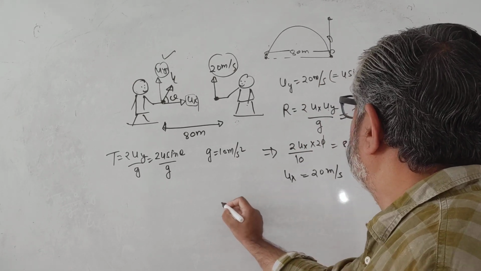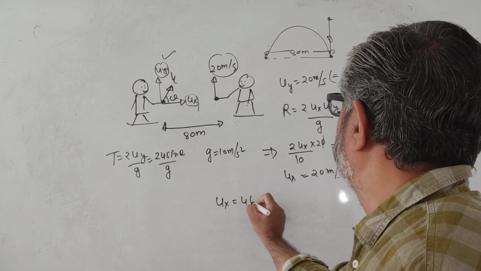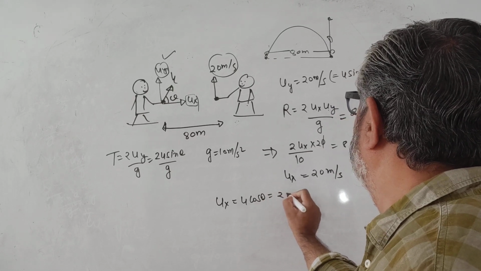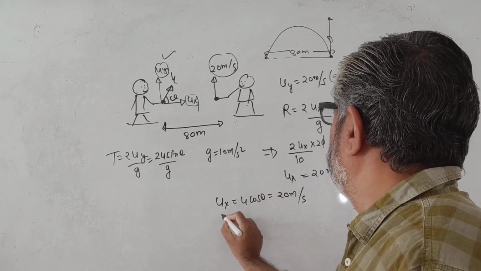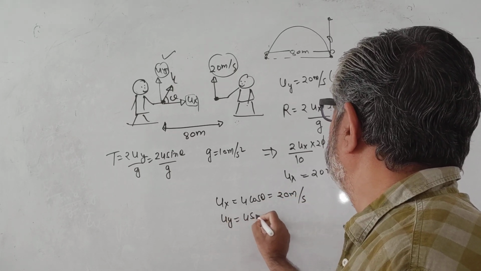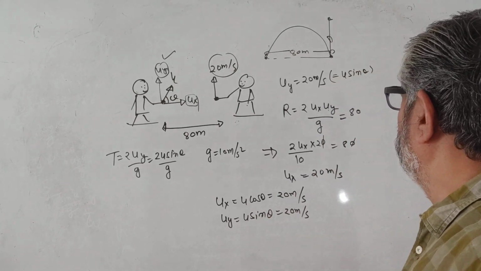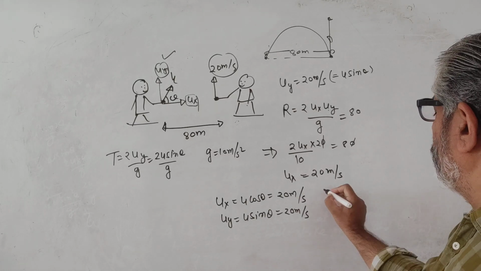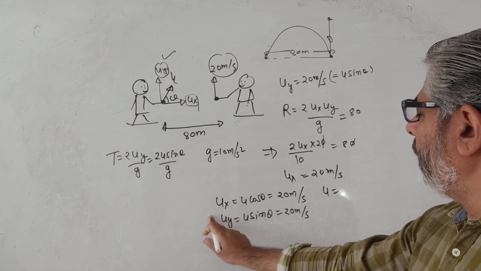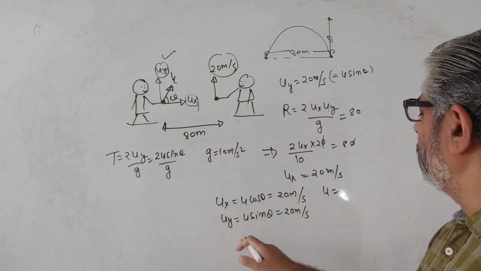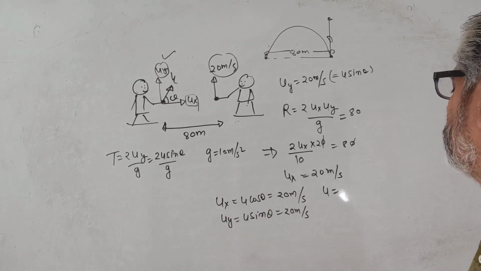So we can say that ux, which is u cos theta, is 20 meters per second, and uy, which is u sin theta, is also equal to 20 meters per second. Now if you want to find u, you just square and add them up. So the answer is root of ux square plus uy square.